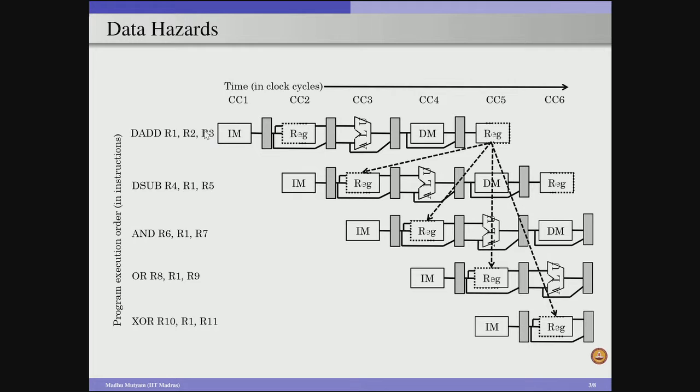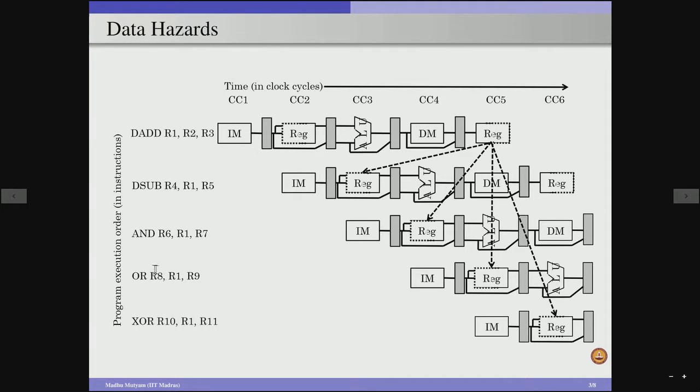As I mentioned earlier, the data hazard is because of the dependency between the instructions. For example, consider a scenario where we have 5 different instructions that we want to execute through pipelining. We can see here the first instruction, the add instruction, produces the result onto a register R1, and the subsequent instructions such as subtract instruction, AND instruction, OR instruction and XOR instruction require the output from this register R1.